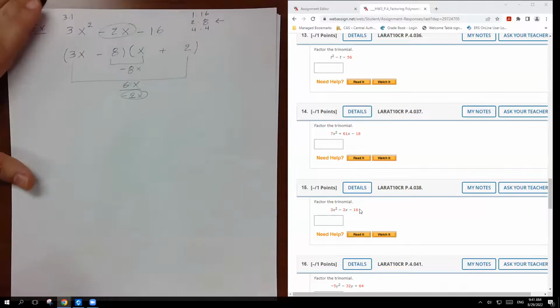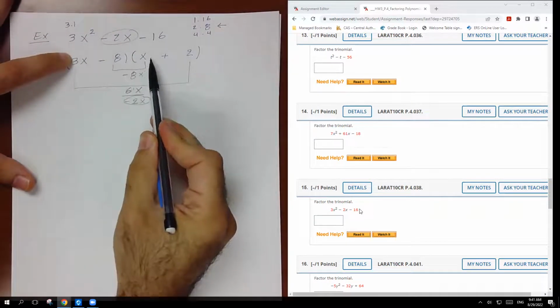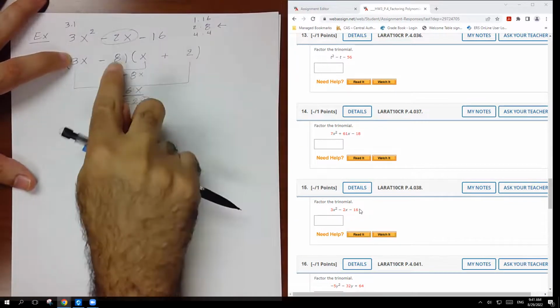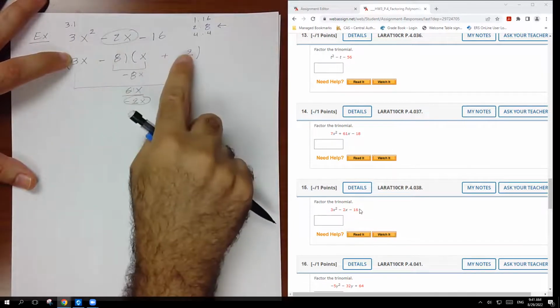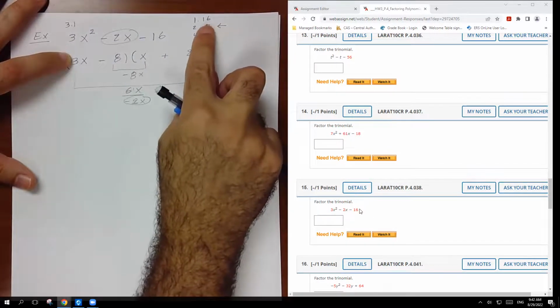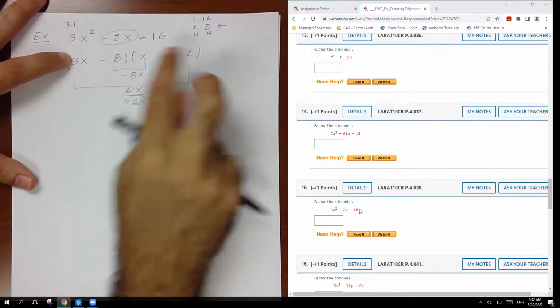You see how it worked? So the first thing, I'm going to write down this factor, exactly the same thing. I put 2 here and 8 here. I saw that it doesn't work. Even if I change the sign, it's not going to work. Before I go to the next option, I'm going to switch these two numbers. I'm going to put 8 here and 2 here and check the sign.